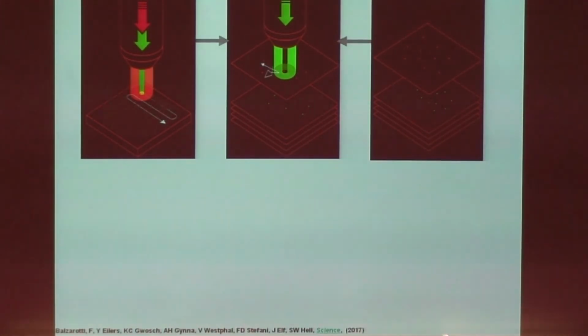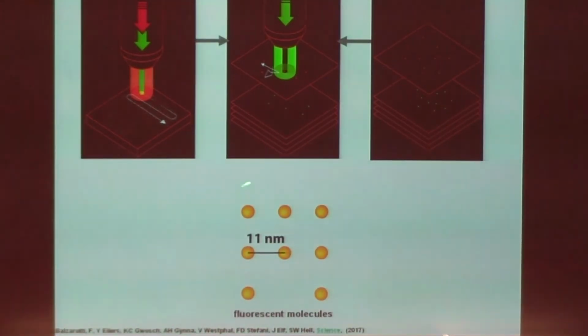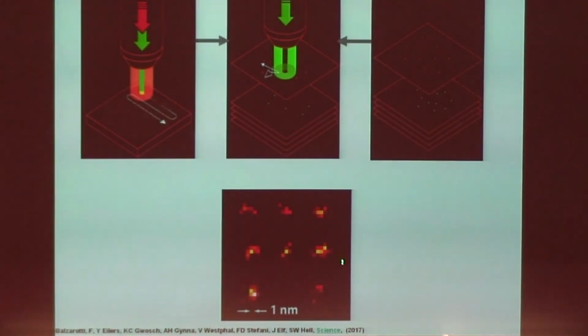And so you end up with a new scheme that really allows you to see or distinguish molecules at true molecular distances. The size of a molecule is 1, 2, 3 nanometers or so, and so 11 nanometers is of course at a molecular distance, and now you can really tell them apart.